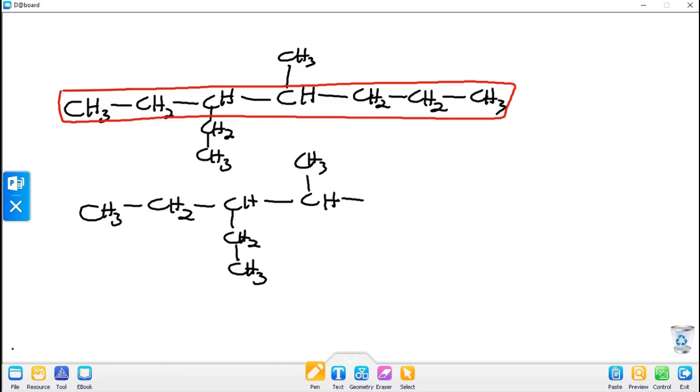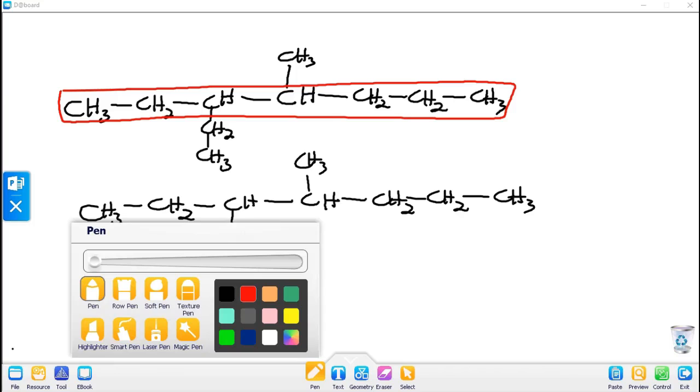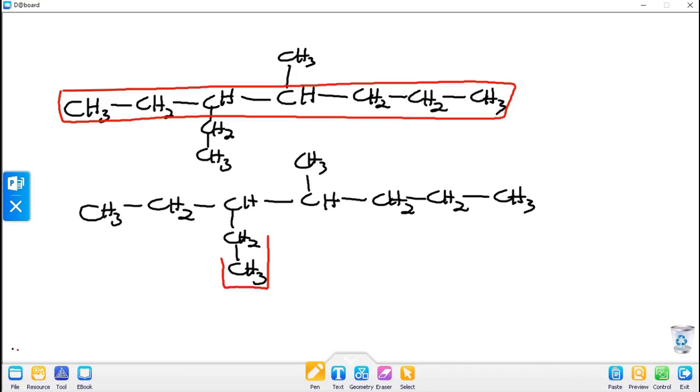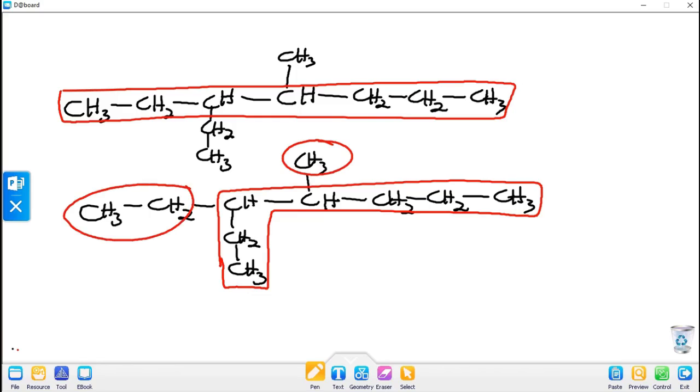You're also going to get the same thing, but always remember that there is a rule that says if we have 2 or more numbering schemes that are of the same length with the same number of side chains, you should simply pick the straight chain. Don't forget, a student may choose to go this way. A student may choose to go this way. If you choose to take your parent chain like this, you're still going to get the same thing. You're not wrong.